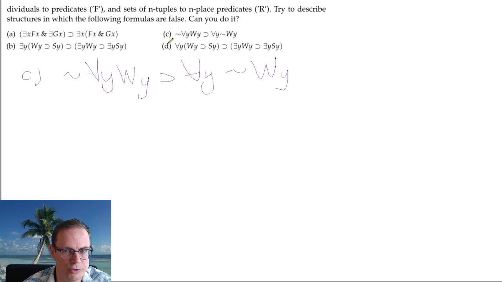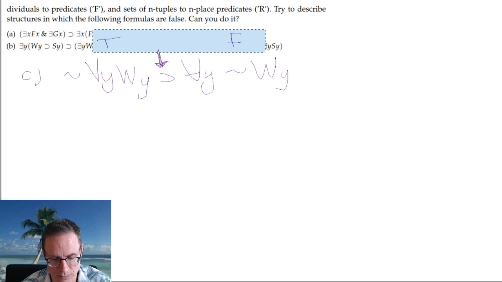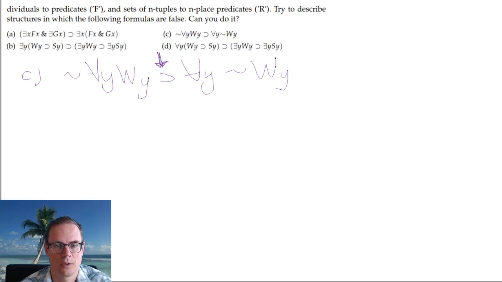No, it is the horseshoe again. Well, we want to make the horseshoe false. That means we want to make the antecedent true and the consequent false. That's our goal. Let's try that. True, false.